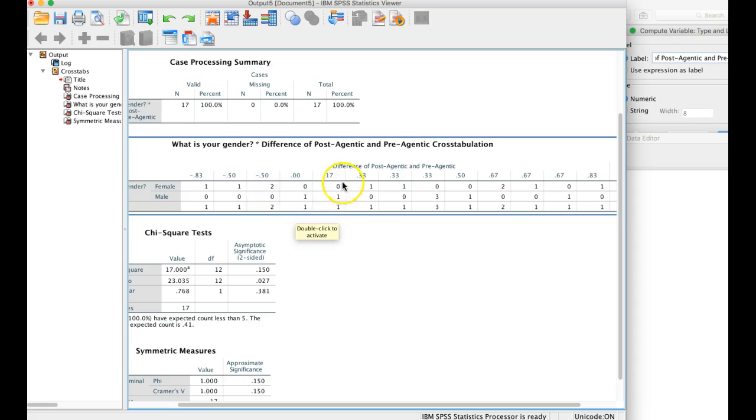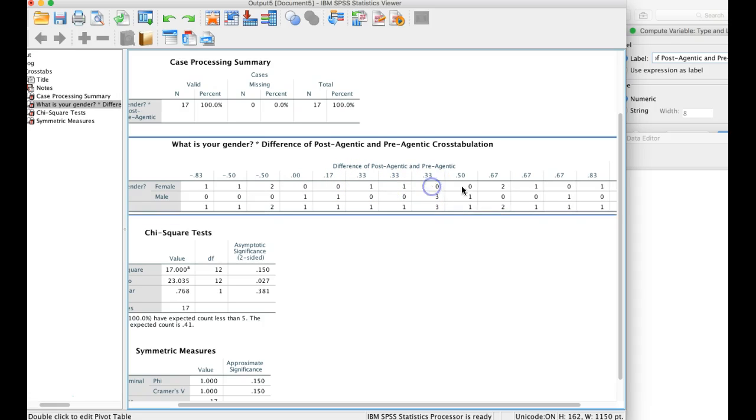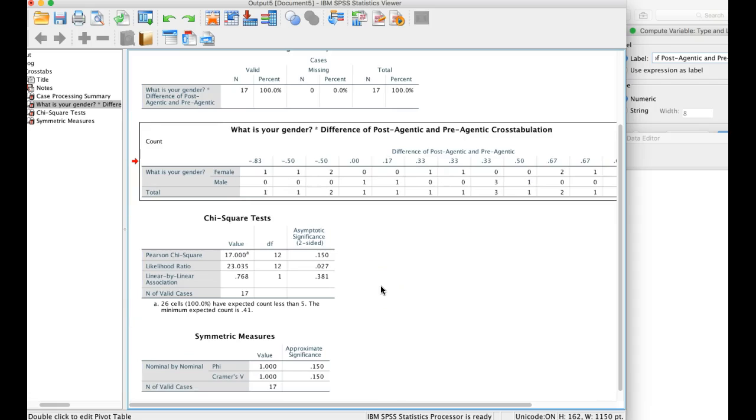There are 4 females. The others were a difference of approximately a third or 2/3 up. There was one that was almost a point more. But it's interesting that the boys did not have any negative responses to the agentic. They were all on the positive side.